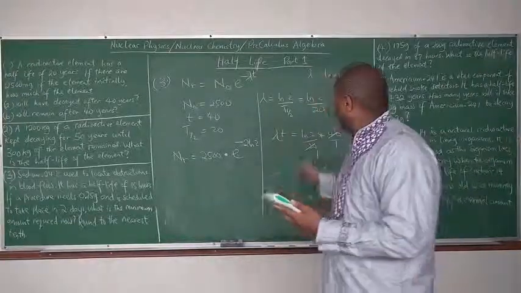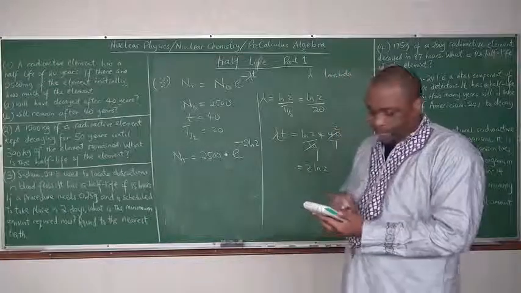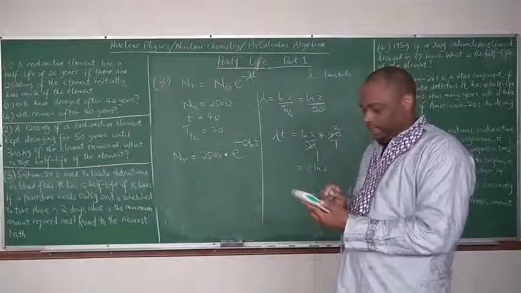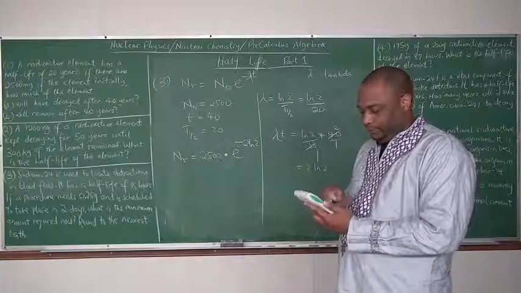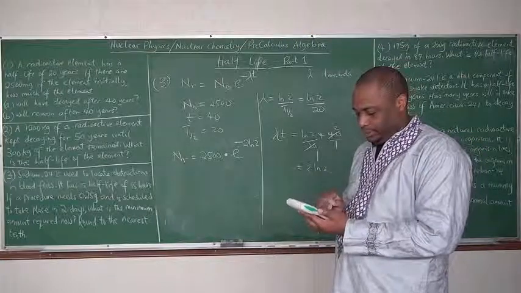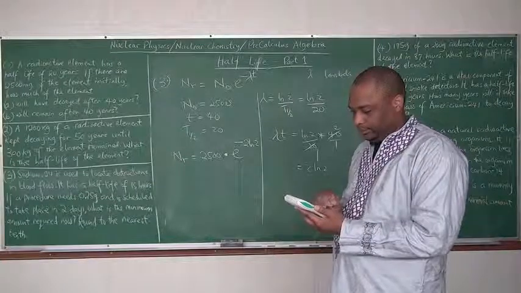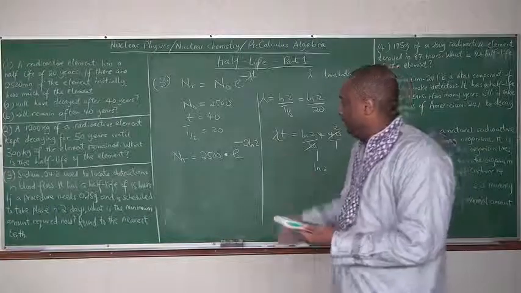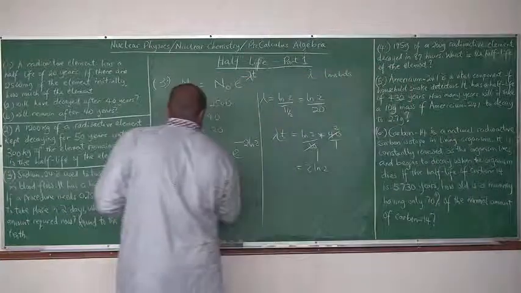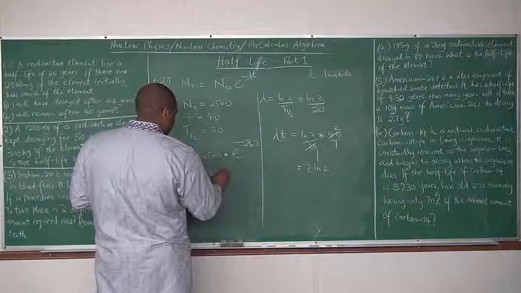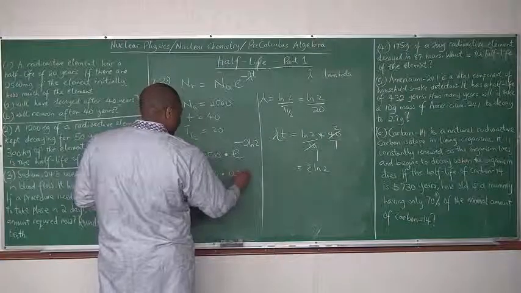I have 2 times ln 2, then I shift e, negative, shift answer, and this gives me 0.25.